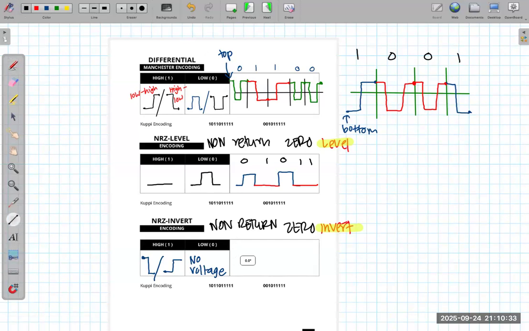Let's take a number like this. 0, 1, 0, 0, 1. Okay, in non-return zero invert, if it's 1, remember it starts from top. So 1 in the sense top to bottom.